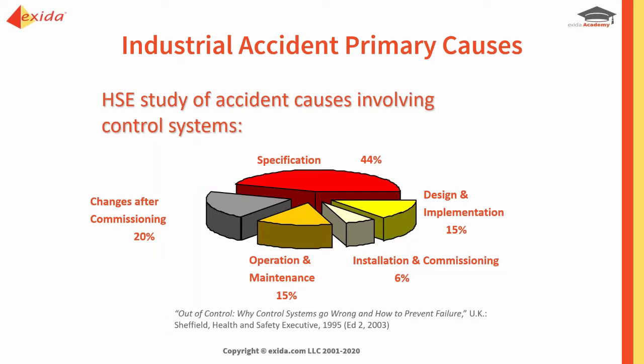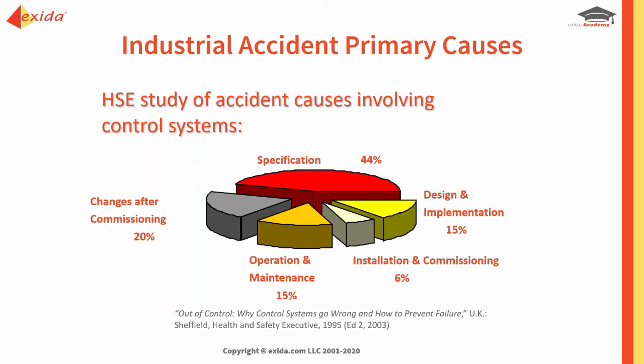And of course, following that, design and implementation. So of course, if our specification's bad to start with, the rest of it's not going to be much better. But more importantly as well, if you look at the back end, there's 35% in combination from operation and maintenance and changes after commissioning. And these were all typically systematic issues.